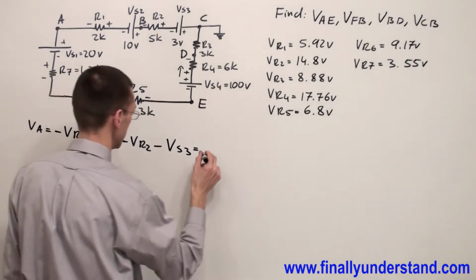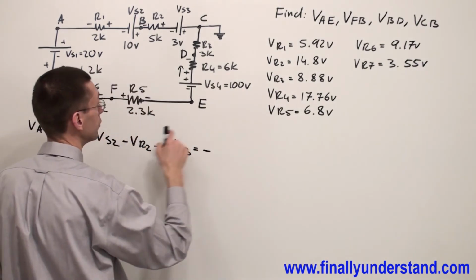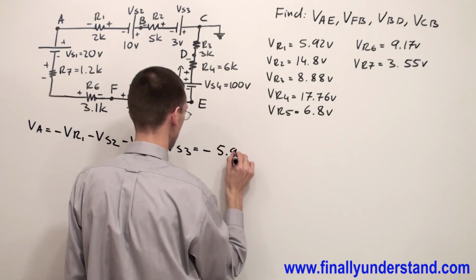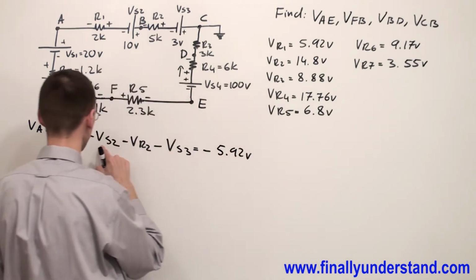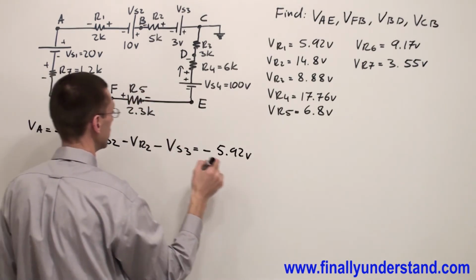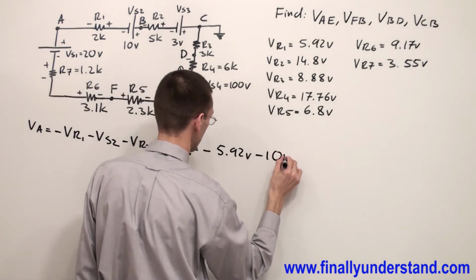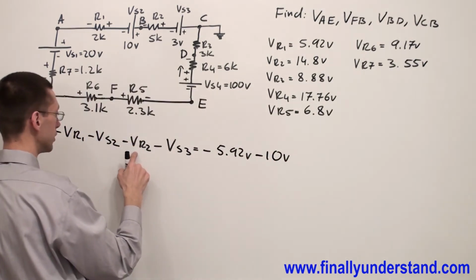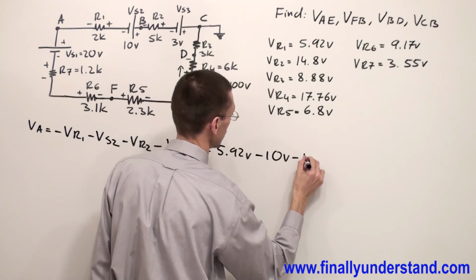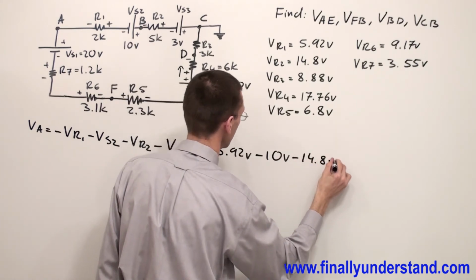Plug in the values. You have negative VR1, which we found is equal to 5.92. Negative voltage source 2 is negative 10 volts. Negative VR2 is negative 14.8 volts.